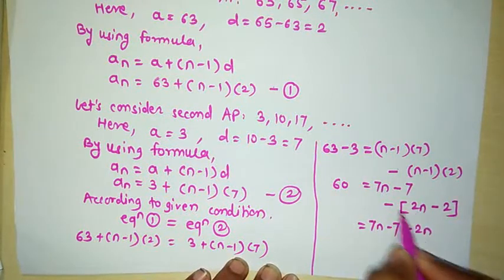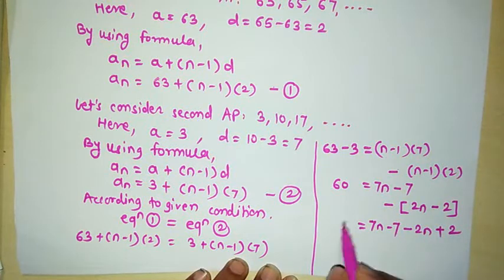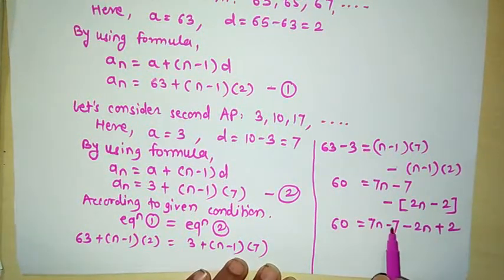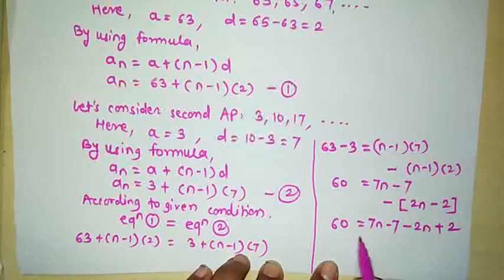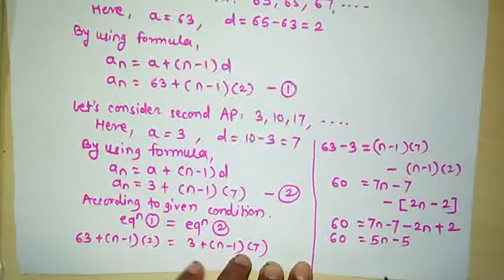After opening the bracket, this will become minus 2n plus 2, which is equal to 60. Now again, see here, 7n minus 2n is equal to 5n, minus 7 plus 2 will become minus 5, which is equal to 60.